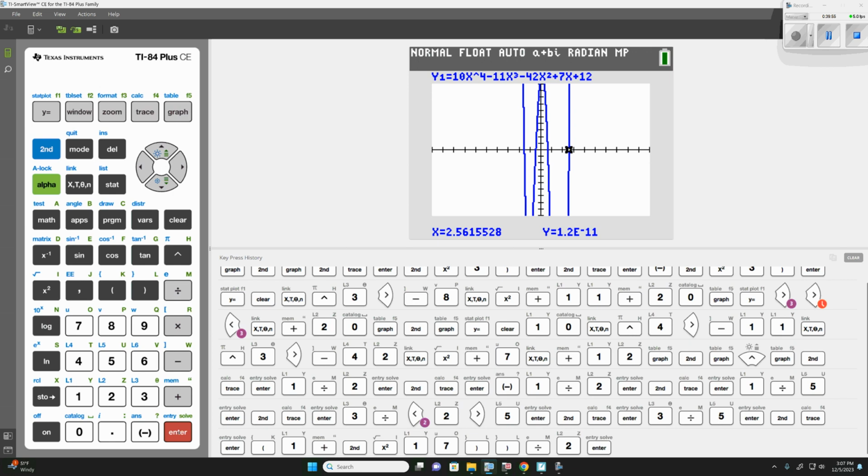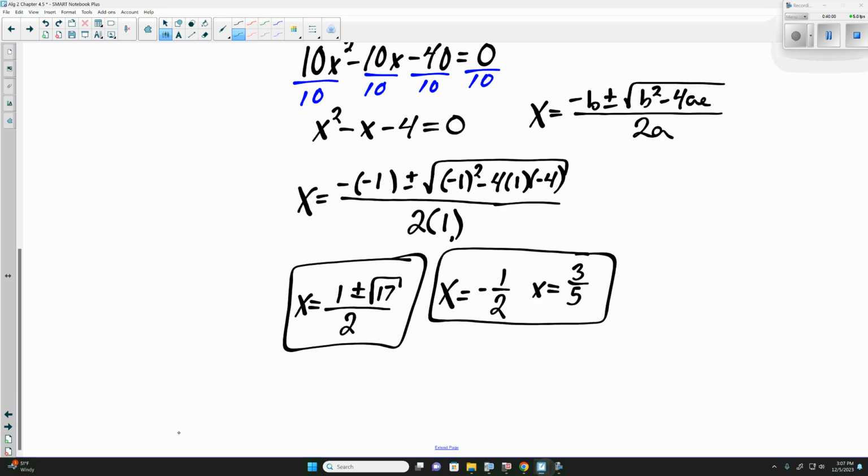Now, it doesn't specifically say 0, but 1.2 e to the -11 is just saying 1.2 times 10 to the -11, which is approximately 0.000000000012. This here, which for all intents and purposes is 0. If we get e to the something bigger than 10, it's just 0. It's a calculation error, and it cancels out.